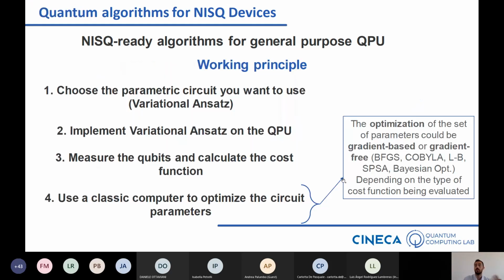But also Bayesian optimization, SPSA, there are also gradient-free methods where you do not calculate the gradient, because calculating the gradient in this hybrid quantum world is not easy. So it's better to use probably gradient-free methods for optimization, but everything here is classical.